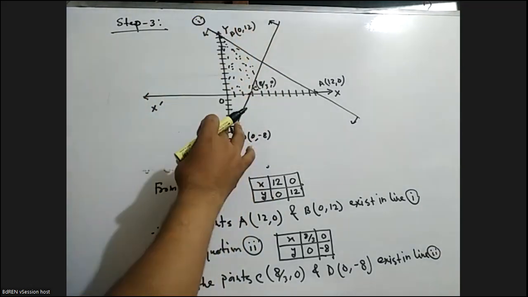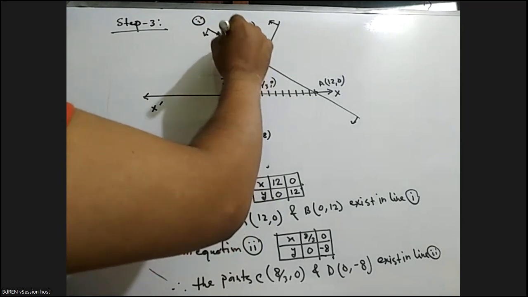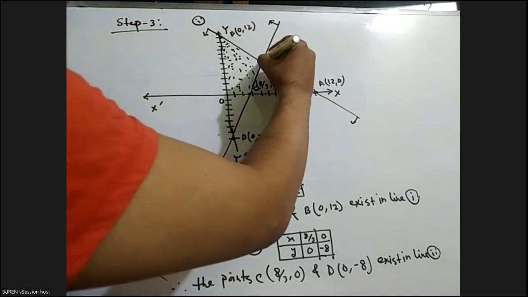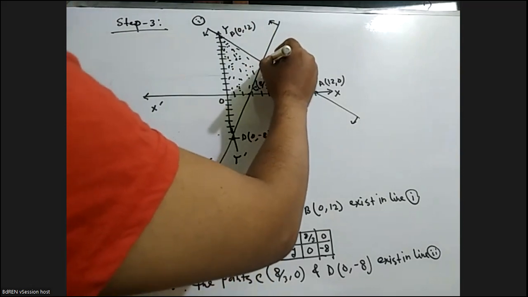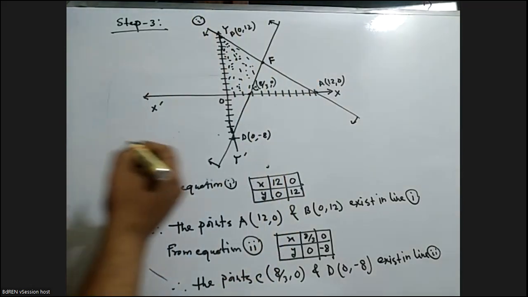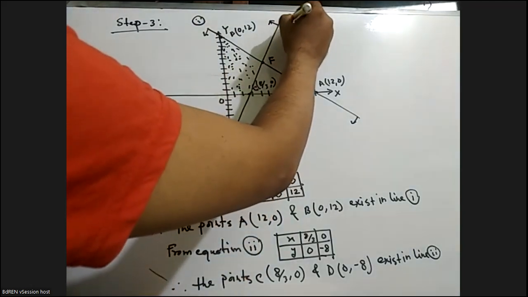Both lines coincide with this area. This is why there is an intersection point here. Suppose this intersection point is F. Actually, this is the line equation line 2.